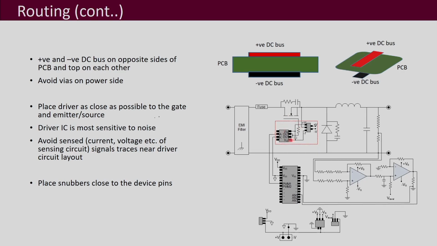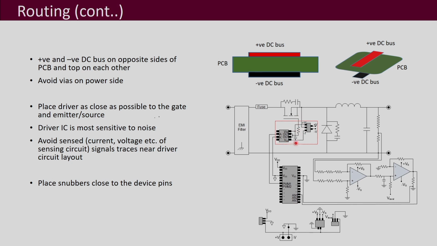So, a lot of care has to be taken while you route the driver circuit, and we should place it as close as possible to the gate emitter or the gate to source region, because by now you understand from the last lecture, the moment you have placed it and routed it using the traces, you have introduced some parasitics also.